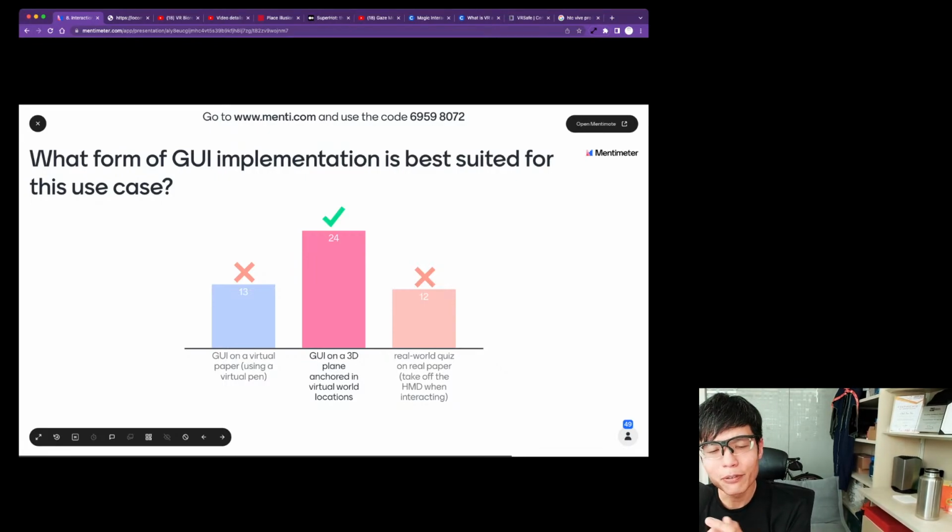So if any form of GUI requires you to finesse around with the gaze and then answer questions, it would be just too much. So the right answer should be to take off the headset and then take the quiz.